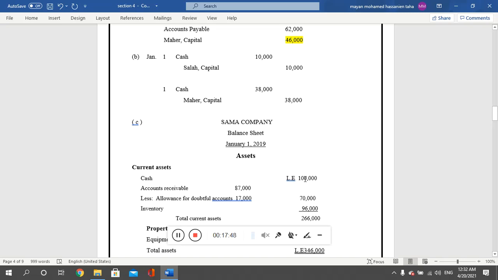Number two, accounts receivable. Accounts receivable for Salah after valuation was $35,000, and for Maher was $52,000. So the amount of accounts receivable will be $35,000 plus $52,000, which is $87,000.